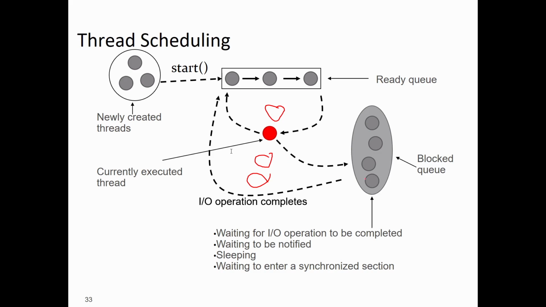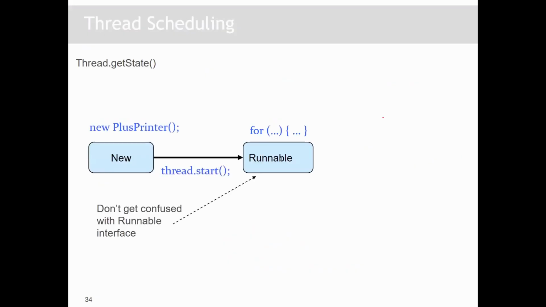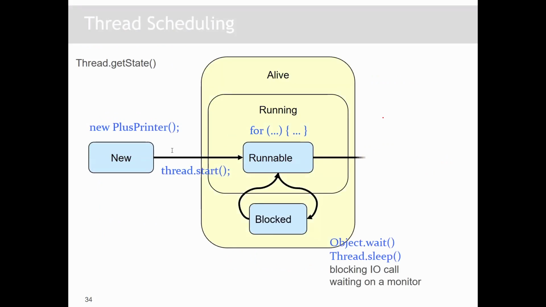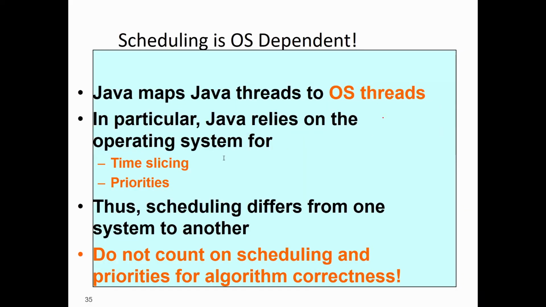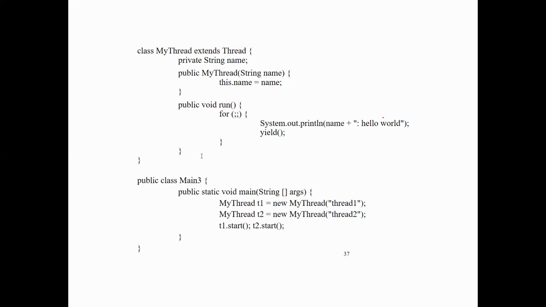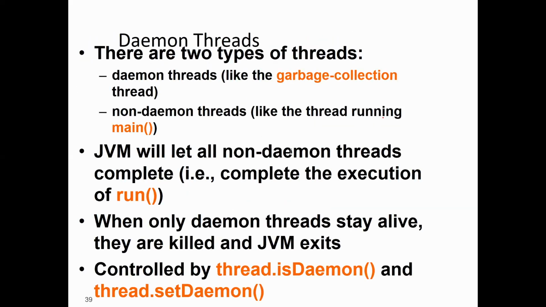When a join is called here, I'm going to the blocked state till the thread that I join finishes, till it goes to the dead state. That's why these states are quite important to understand what's going on.